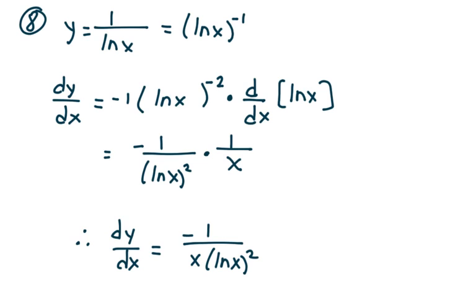If we take a look at number 9, suppose g of x is equal to natural log of, let's write it this way, natural log of x e to the negative 2x.